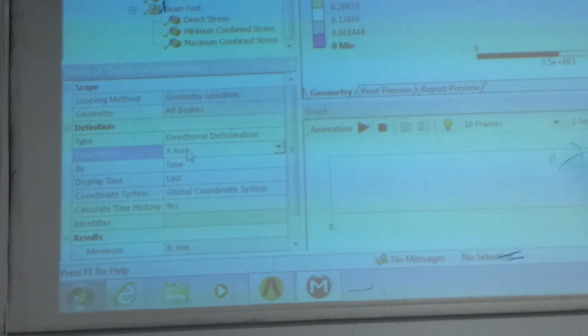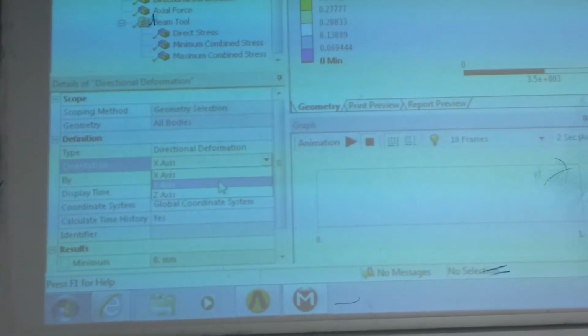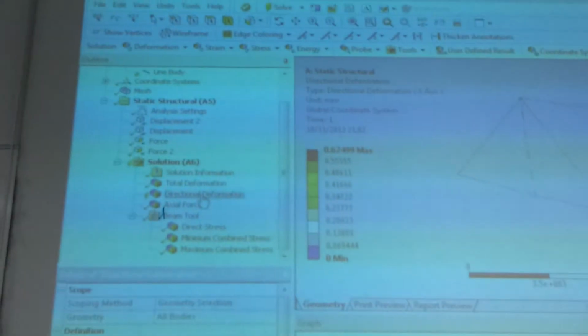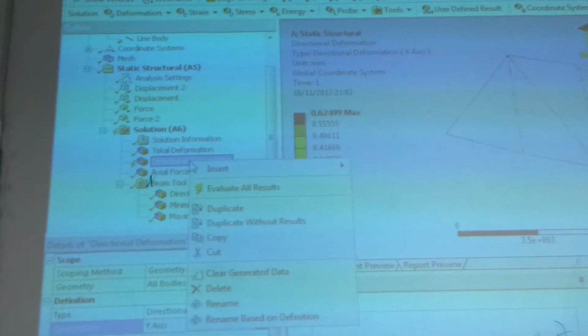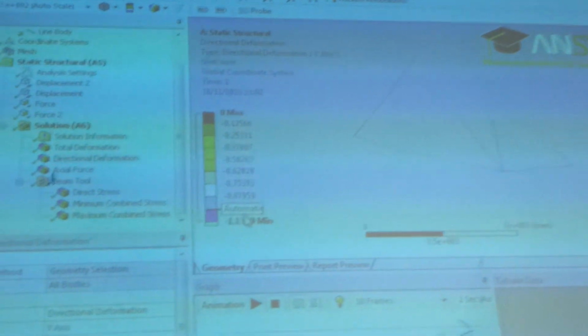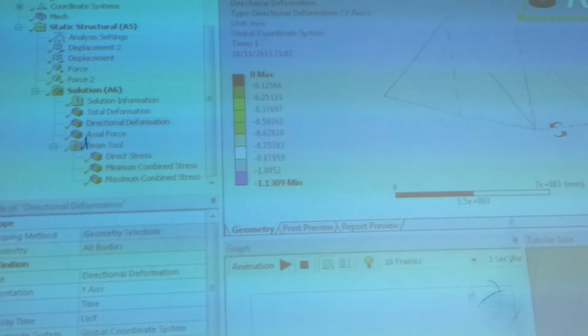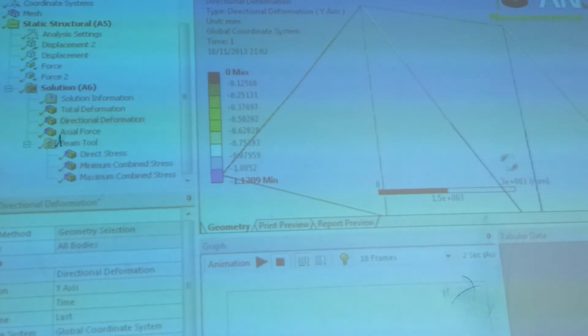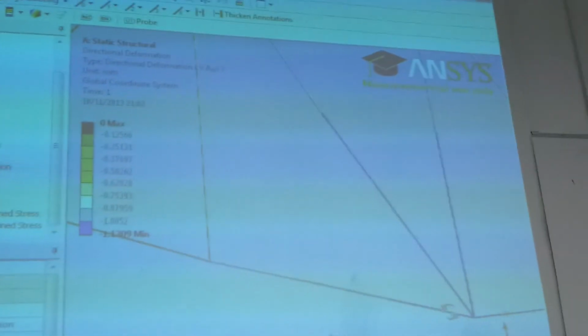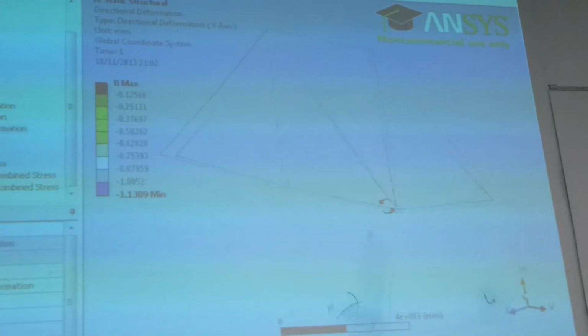If you want to see the deformations in the y direction, vertically, you just choose here y axis, right mouse and evaluate the results again, and now it gives you the results in the y direction. It's 1 millimeter, around here. Obviously, -1 because it's in the negative direction.